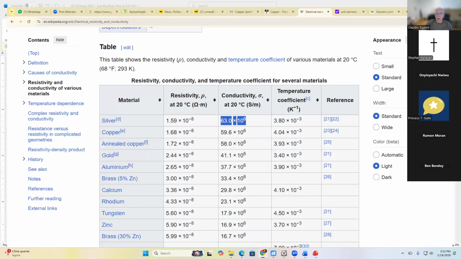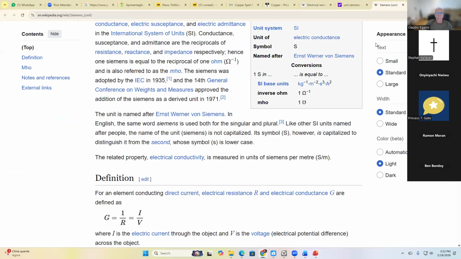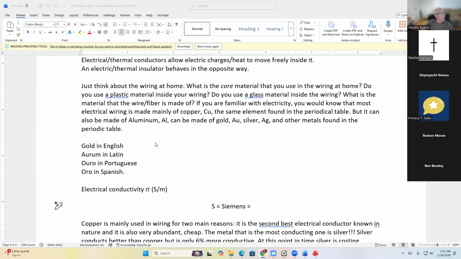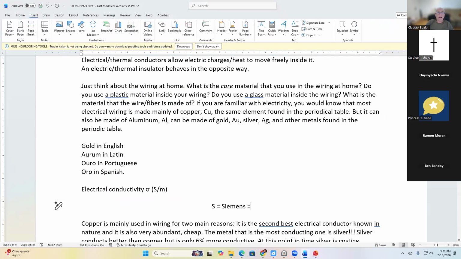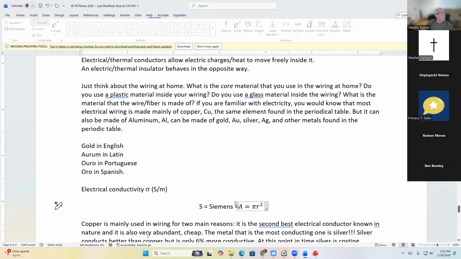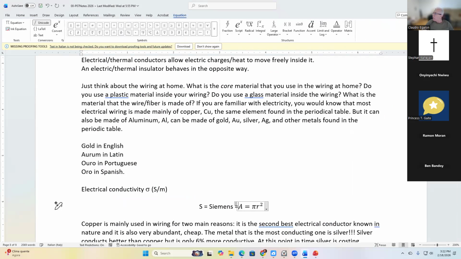Going back to our second cube. Let's put it here aside, we're going to write it down. I wanted to insert this equation. Another student coming in. So S equal to Siemens.